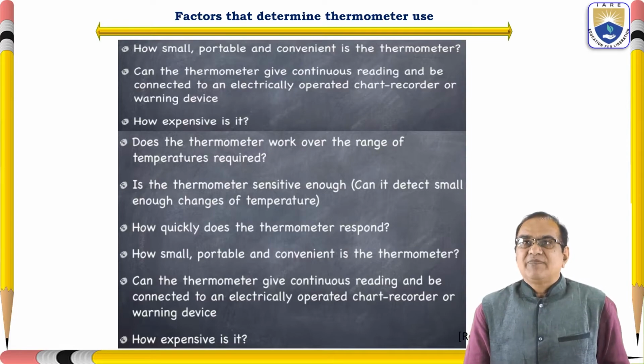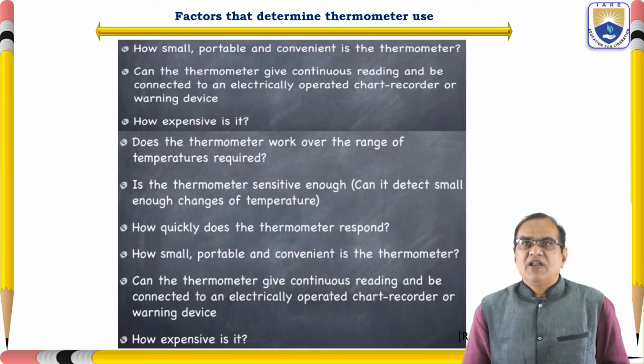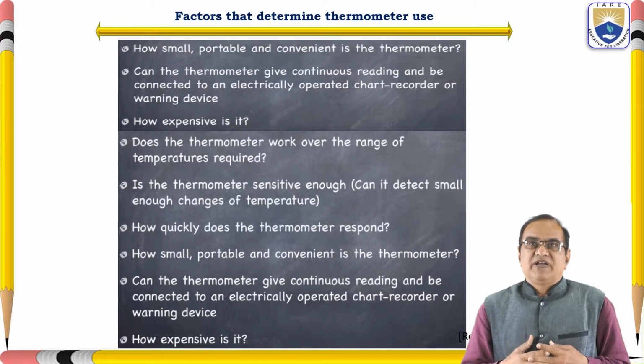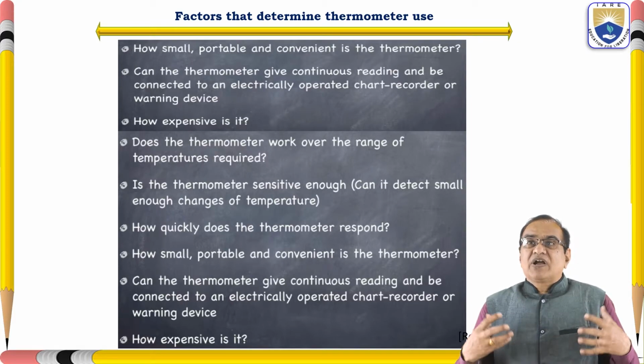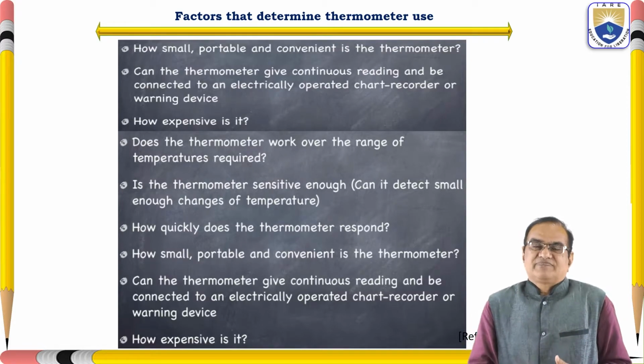Factors that determine thermometer use. How can we determine that? What factors are very important for the thermometer application? How small, portable and convenient is the thermometer? Size: the first is the size of the thermometer. Can the thermometer give continuous reading and be connected to an electrically operated chart recorder or warning device?